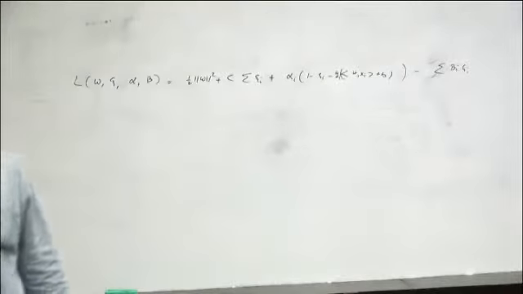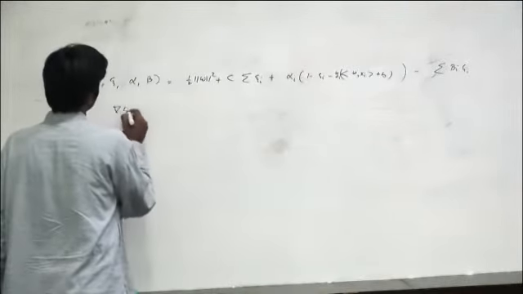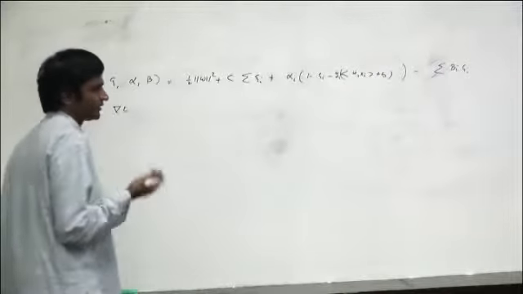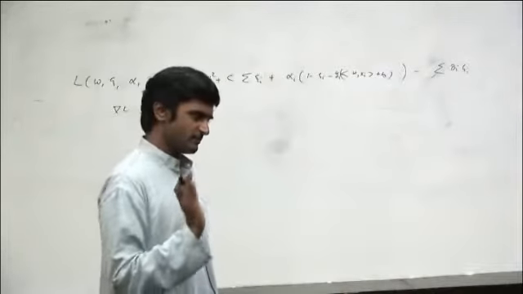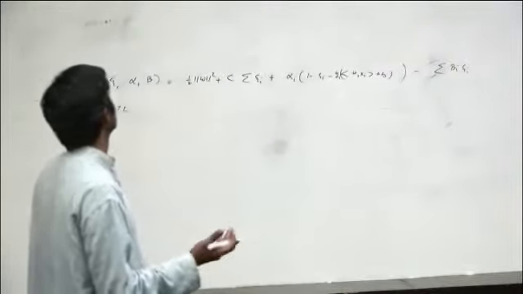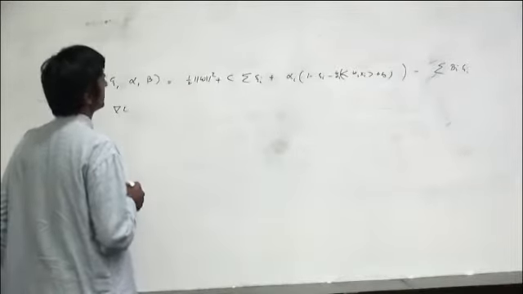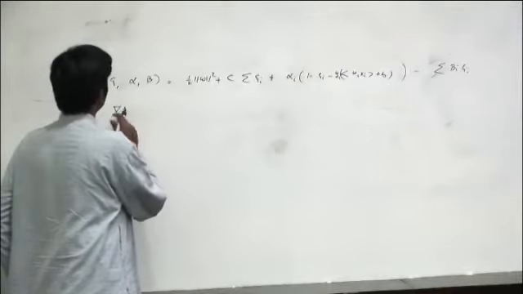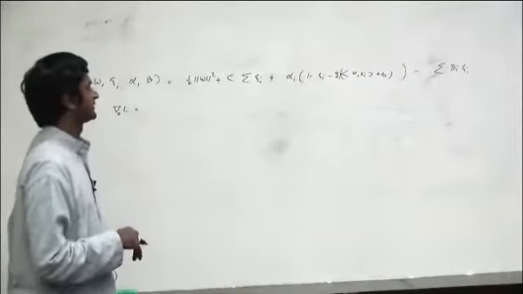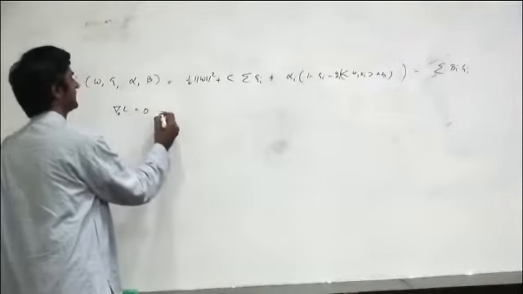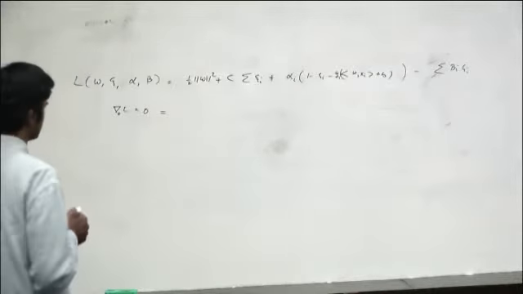And the KKT saddle point conditions simply tell you that if you take the gradient of the Lagrangian with respect to all the variables, it must vanish. It will be a saddle point because it will be minimum with respect to the primal and maximum with respect to the dual. So let's first take the gradient of the Lagrangian with respect to W and set it to 0.